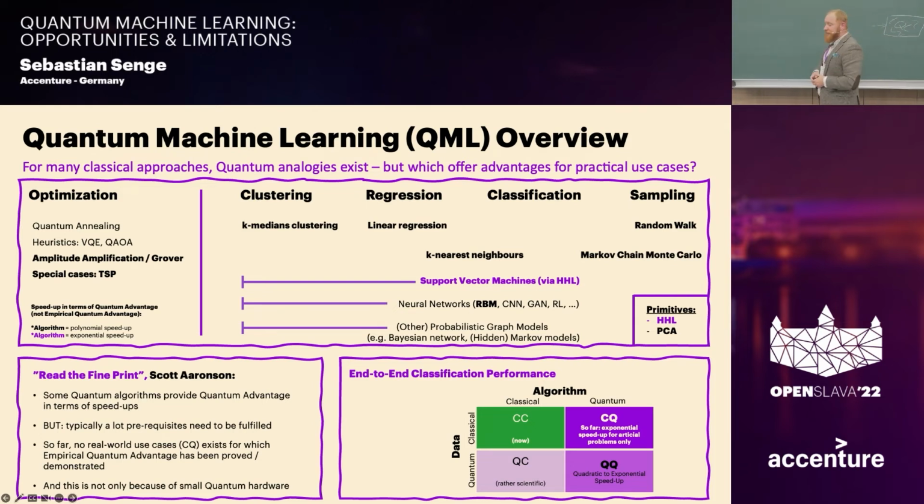On the right side, you can find a quick overview where we are right now. So the green box down there, where we have a classical algorithm and classical data, is what we're doing now, right? And the more interesting part, basically, I want to say, is the right column. So where we have quantum algorithms and, for example, quantum data.